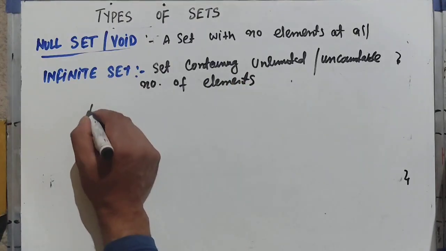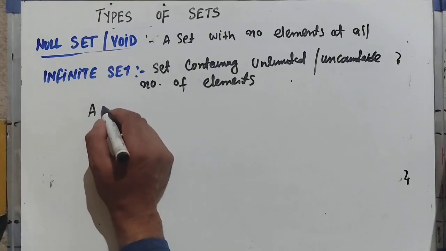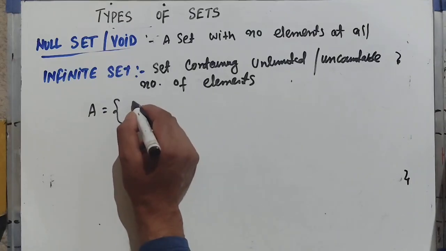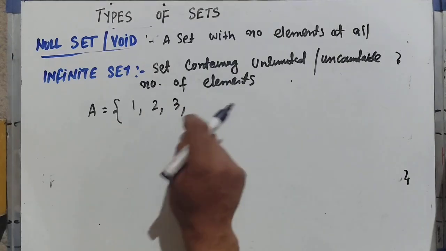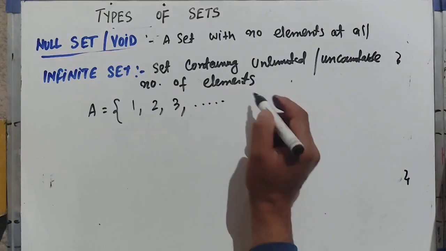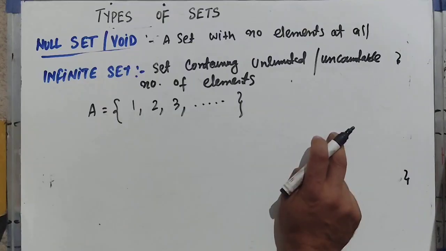For example, we have a set which contains the natural numbers: 1, 2, 3, and so on up to infinity. We cannot count all natural numbers, so this set is called an infinite set.